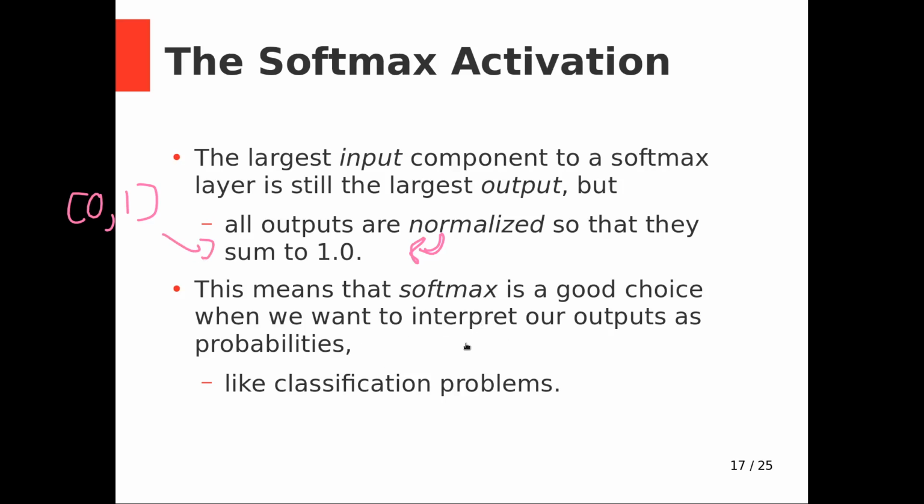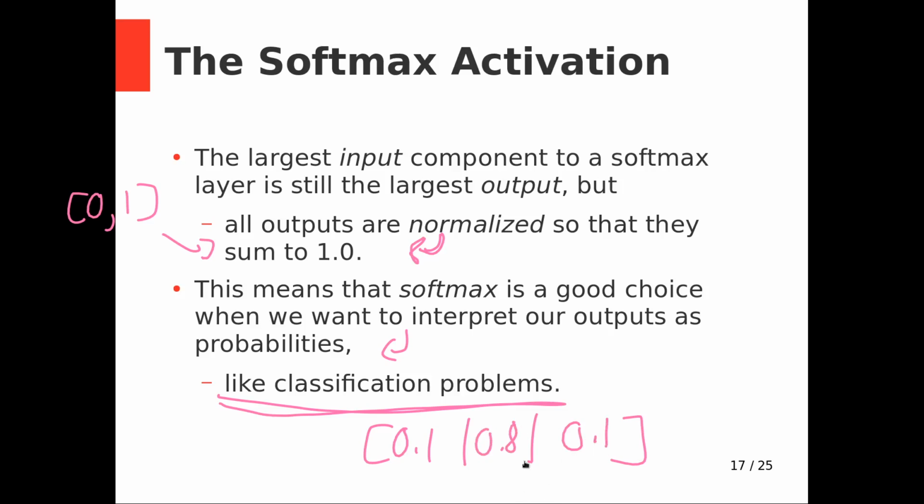This makes softmax a good choice when we want to interpret our outputs as probabilities, which is exactly what we want for classification problems. If our output is supposed to be the probability of membership in each category, then a function that takes some input that is not in that range and maps it into that range is very convenient.